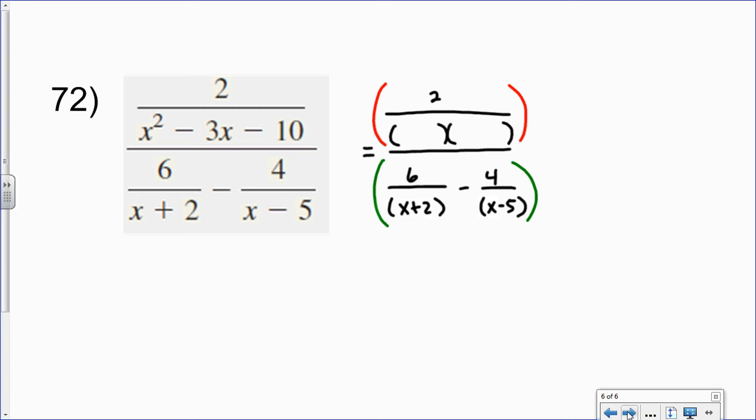Okay, so x squared minus 3x minus 10. What multiplies to be negative 10 and adds to be negative 3? Negative 5 and 2. Well, that's convenient because that's what I have down here. So negative 5, positive 2.